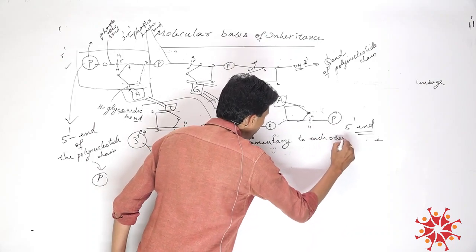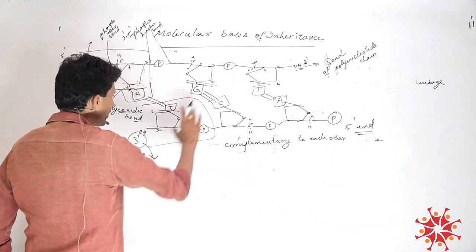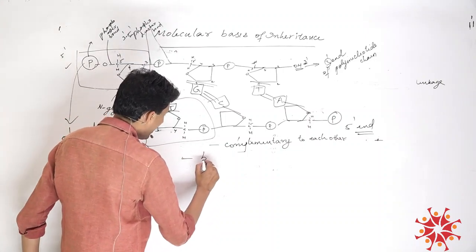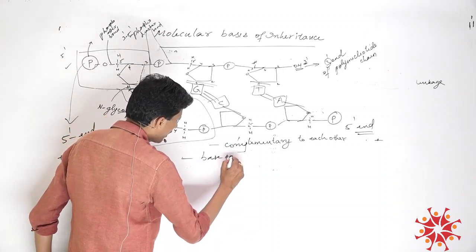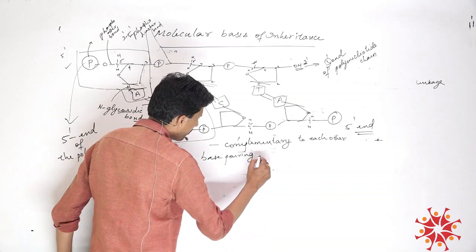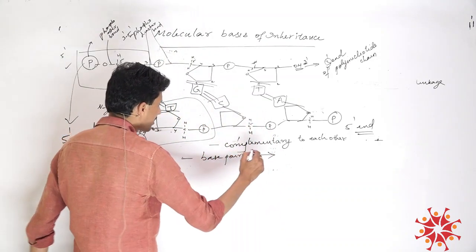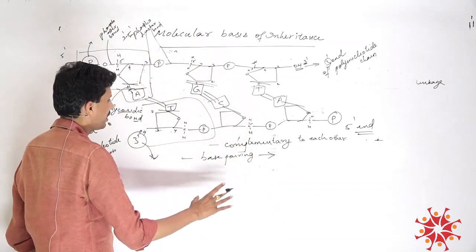The base pairing between the two strands is typical, complementary to each other.